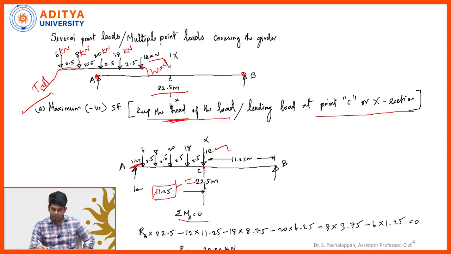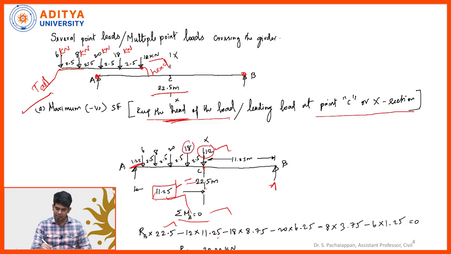Taking moment at A: RB multiplied by the perpendicular distance, the full span 22.5, minus 12 acting at a distance of 11.25, minus 18 at 8.75 (2.5 plus 2.5 is 5, plus 2.5 is 7.5, plus 1.25 is 8.75), minus 20 multiplied by 6.25 (2.5 plus 2.5 plus 1.25), minus 8 multiplied by 3.75, which is the linear distance from that load to the left support A, and minus 6 multiplied by 1.25.